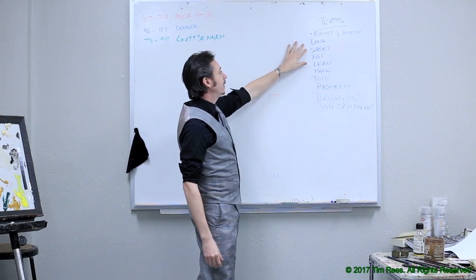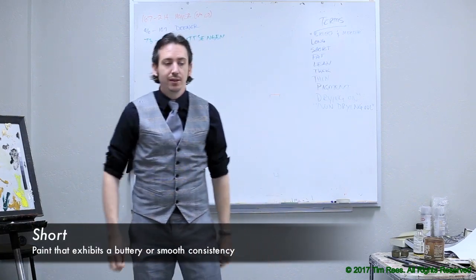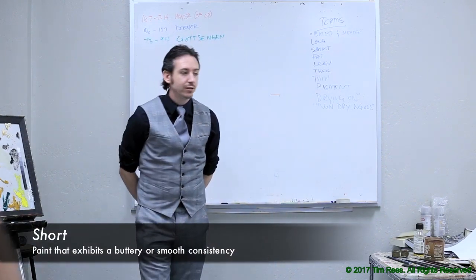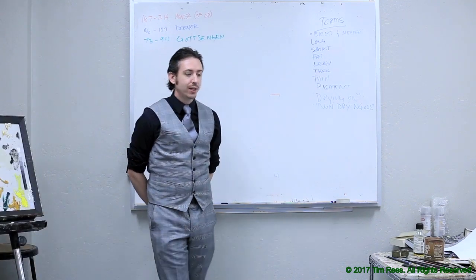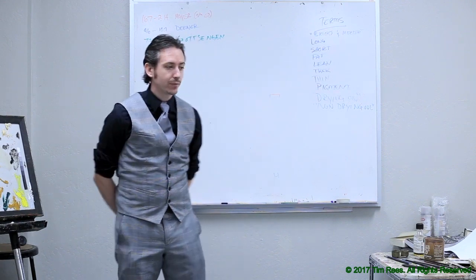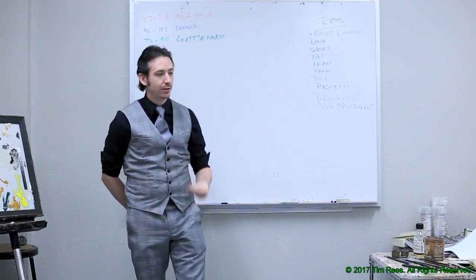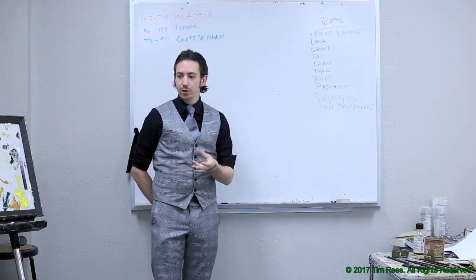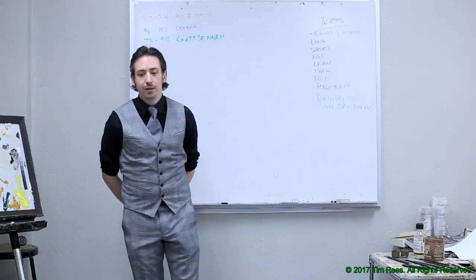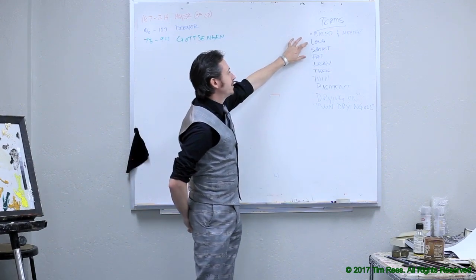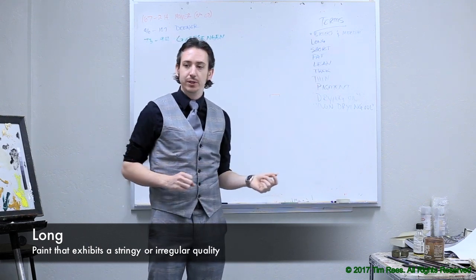Another few things you'll hear of are long and short. A short consistency in the paint refers to a butter-like quality, which is more desirable for the most part. So paint companies will modulate the ingredients within their paints to make a consistency that's more short. Short refers to buttery, good workability, good consistency throughout the paint. The opposite of that is long. And long refers to paint that is stringier and goopier.